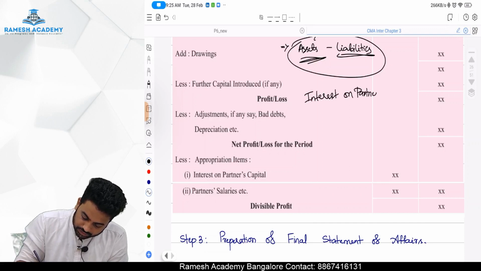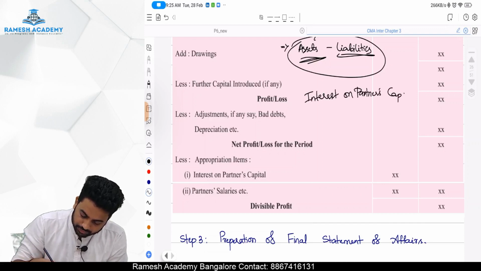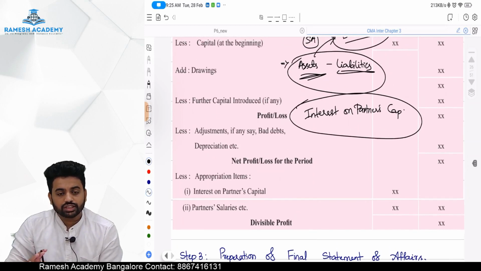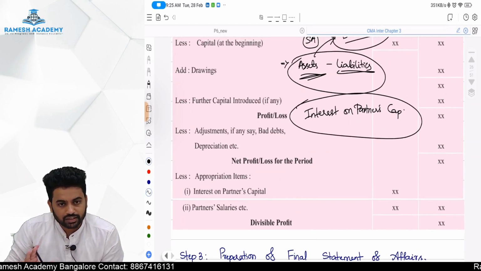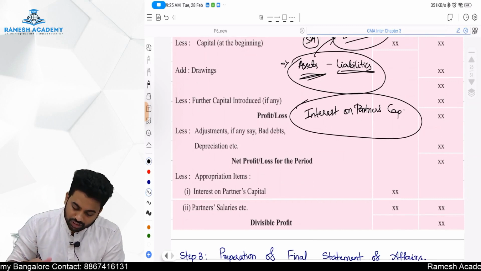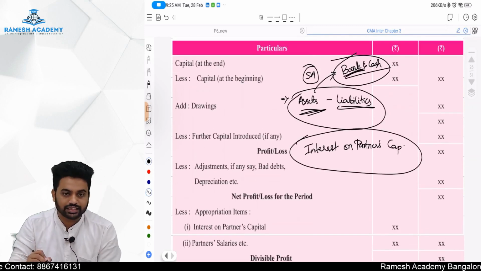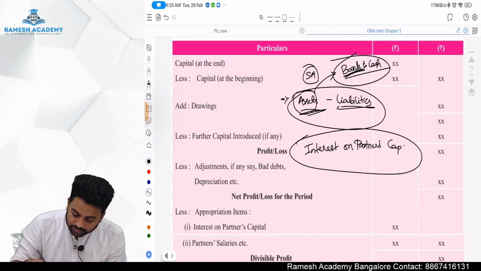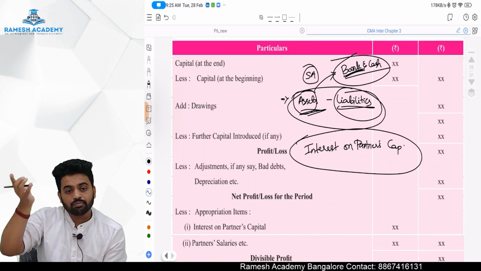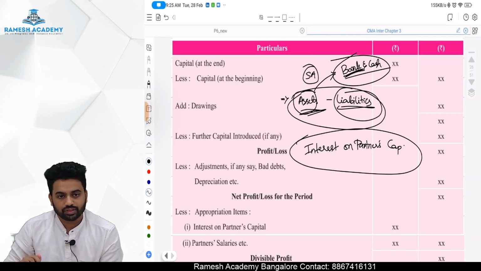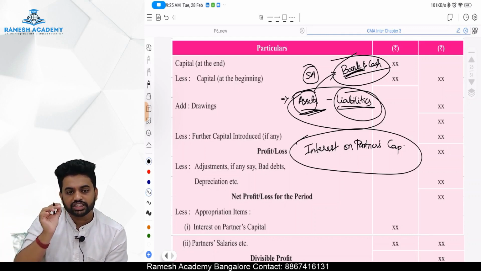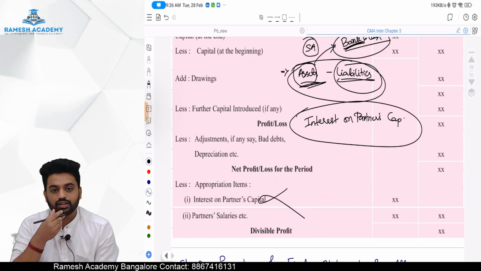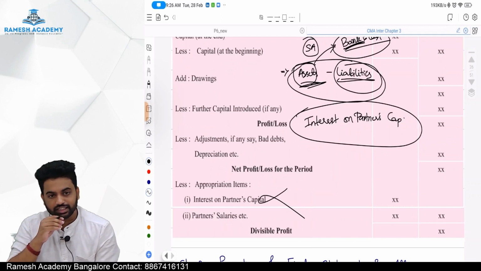Now if the question says there is an interest to be paid to the partners capital and it is paid, then it is already adjusted into the bank and cash. If it is already adjusted into the bank and cash, when we do asset minus liability, capital will come after adjustment of the same.